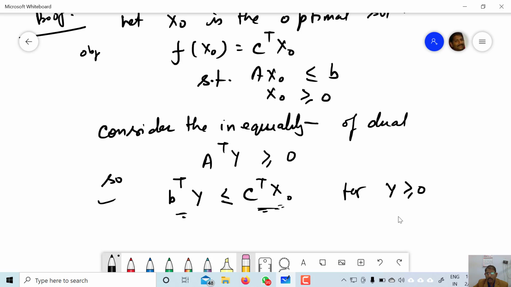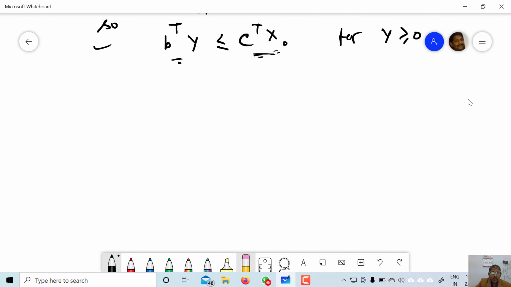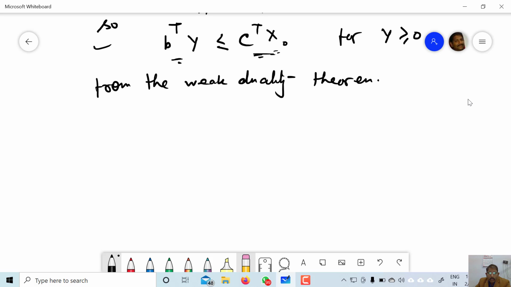But from the weak duality theorem, which I have proved above, we know that f(x0) is less than or equal to g(y). If I start from a primal problem, it will move into its dual problem like this, as I just proved in the weak duality theorem.